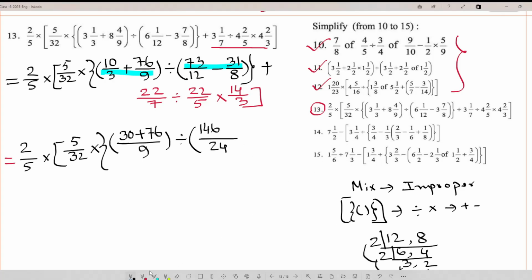Then minus 24 divide 8, it should be 3, 31 times 3 is 93.